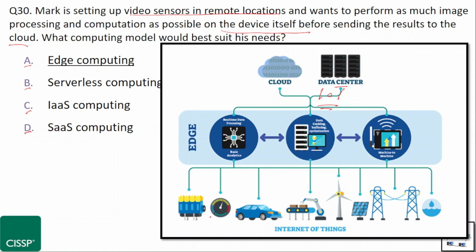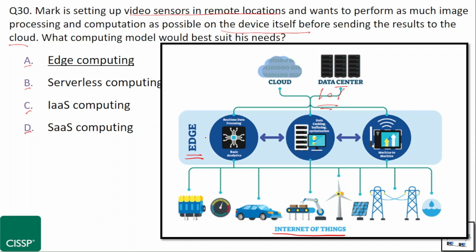As we can see, it is most commonly used in the Internet of Things, where we have sensors employed and a lot of data is collected from these sensors, such as smart cars, video sensors, temperature sensors, and other sensors as well. The data and the computation is made as close to the sensor as possible, known as the edge.